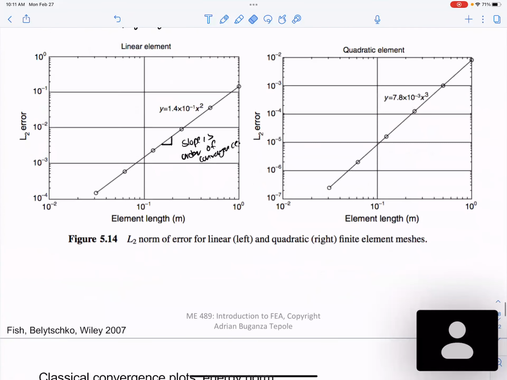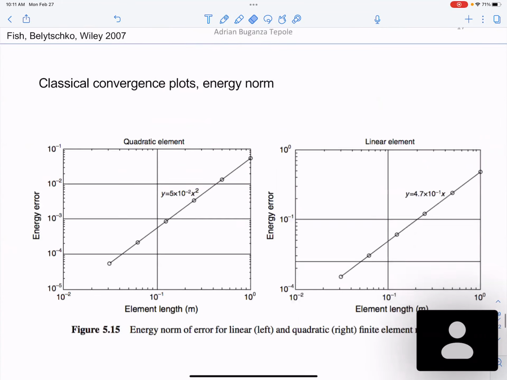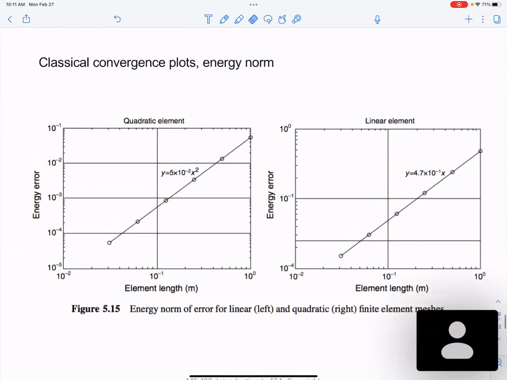That's for the displacement. And for the energy, basically stress or strain, usually those have smaller convergence. The convergence for the displacements is faster, so you get very good at predicting the displacements very quickly. You don't get as good at predicting the stresses.